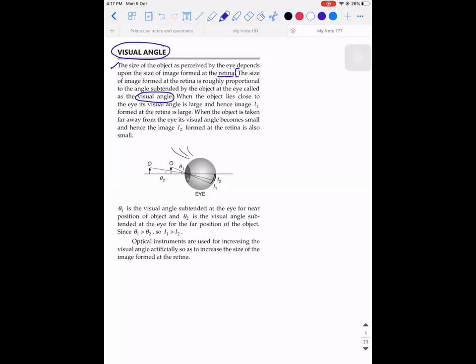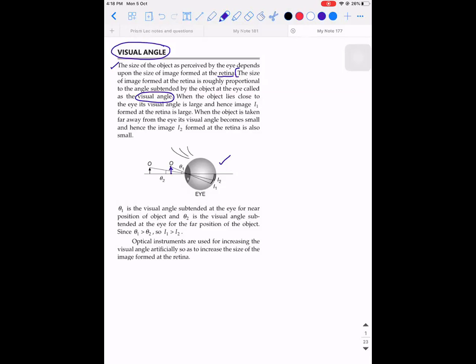Look at this diagram. You have an eye, and the object is of height h. The person is trying to view the object completely, from the bottom to the top.